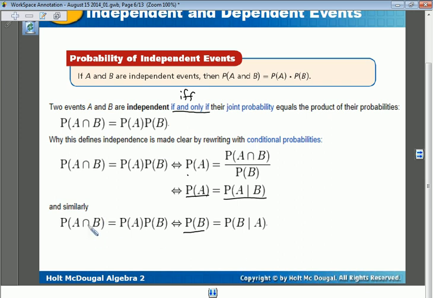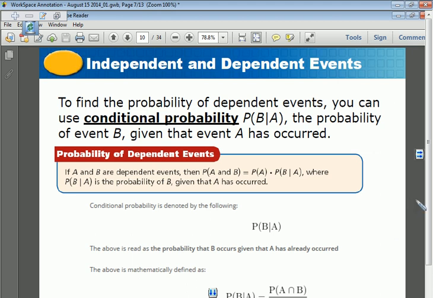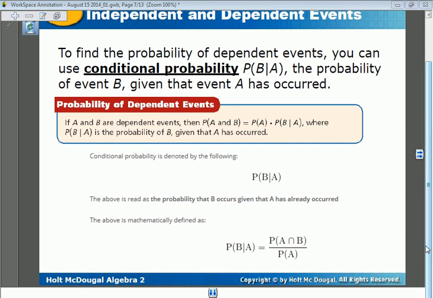Okay, so what does this symbol mean? Intersection, and we could replace it with what word? Joint. And. Okay, so this is intersection, and we can replace it with the word and. So this is for independent. With our dependent, this is how we find the probability of a dependent event.